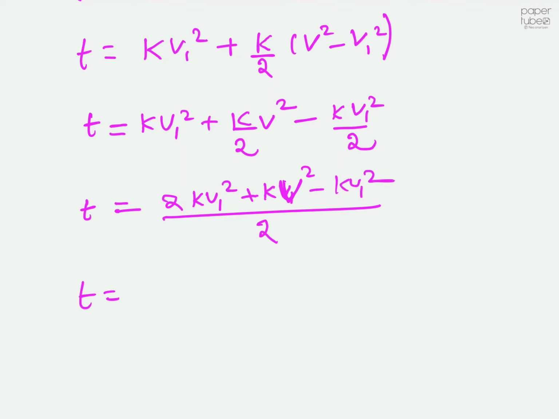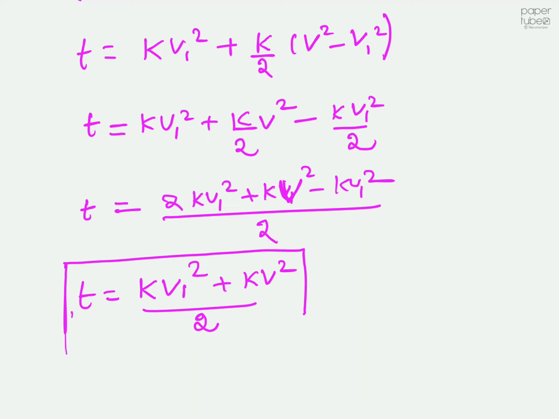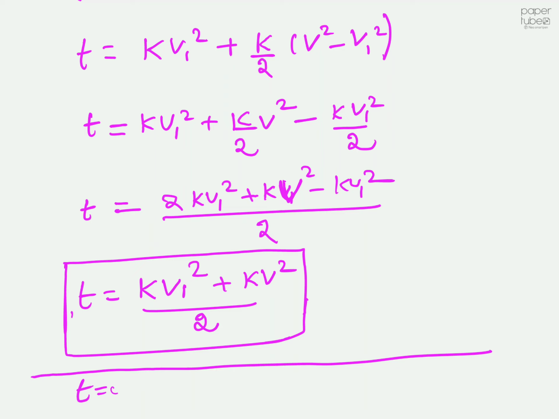So T will be equal to K V1 squared plus K V squared, all divided by 2. Everything looks good until this point.